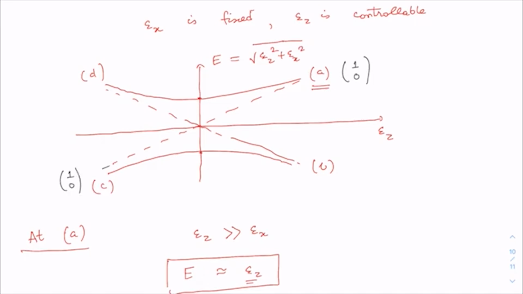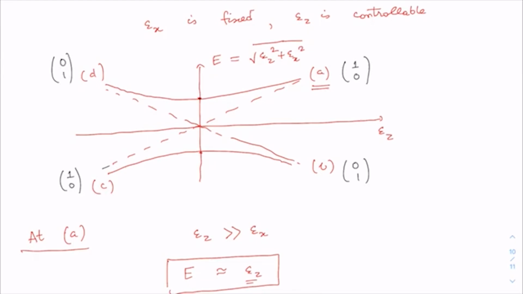In fact, you can do a rigorous calculation. These calculations are simple. You can show that the point C will also correspond to (1, 0). On the other hand, this point B will correspond to (0, 1), and by similar logic, point D will correspond to (0, 1).